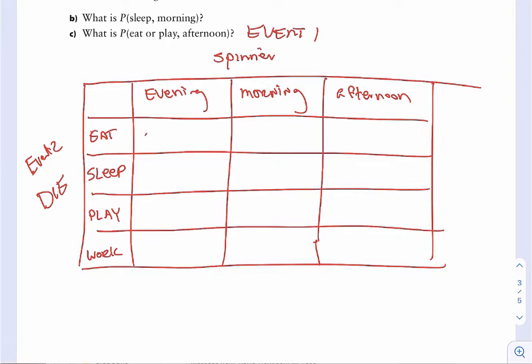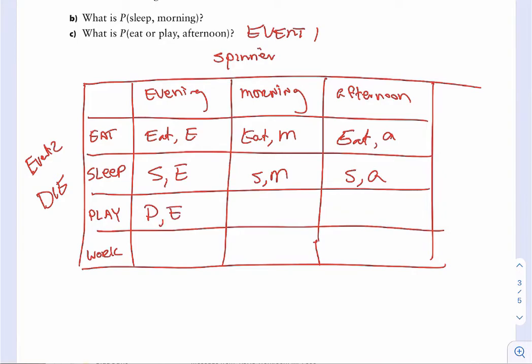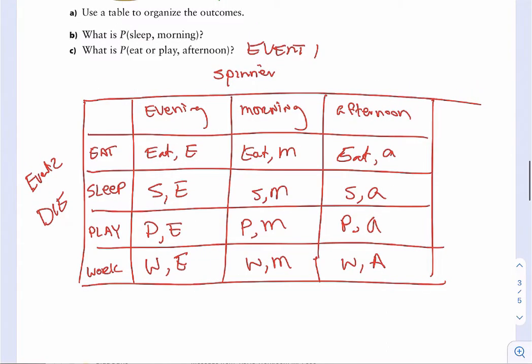All right, so we can eat in the evening, eat in the morning, eat in the afternoon. Sleep in the evening, sleep in the morning, and sleep in the afternoon. Play in the evening, play in the morning, play in the afternoon, or work in the evening, work in the morning, or work in the afternoon. Okay, so there's my table.